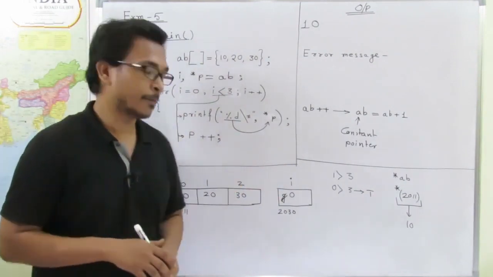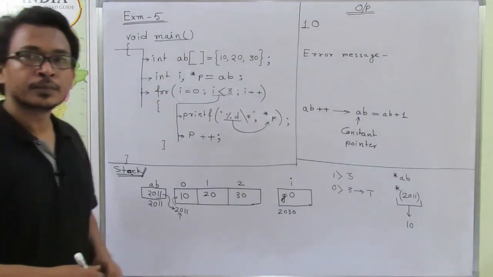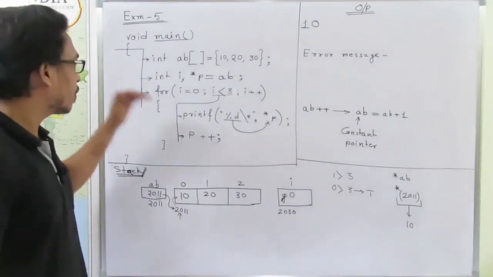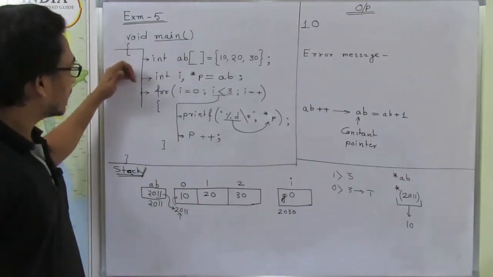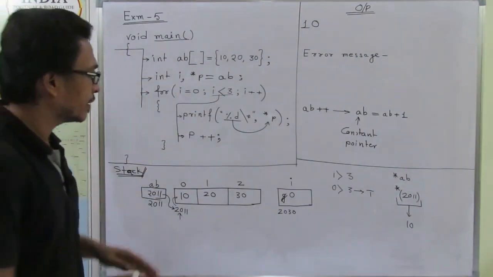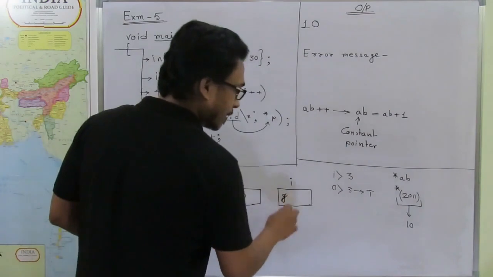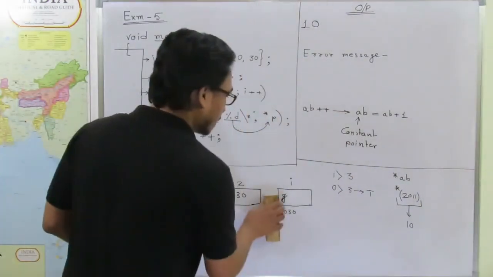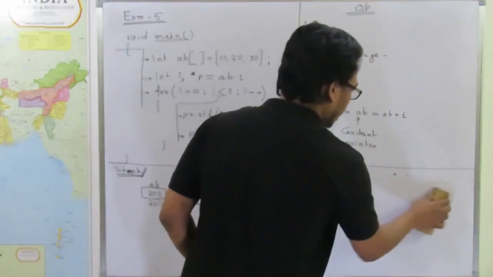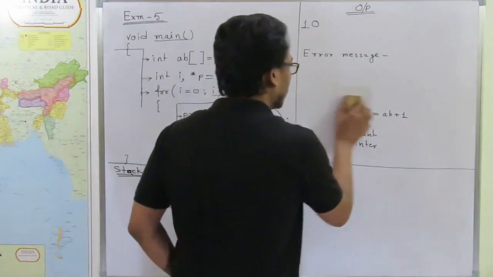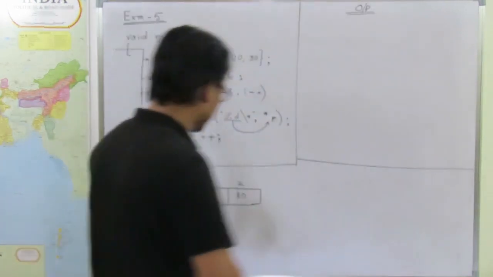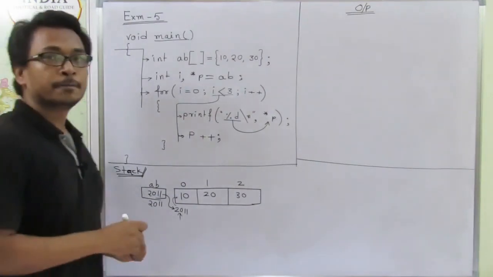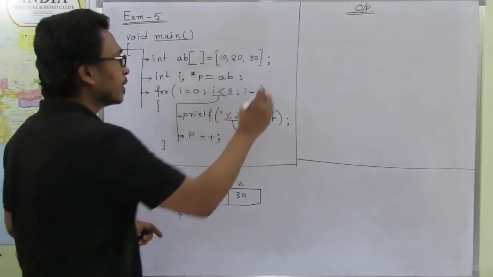Let's see that. Now in this form of code, up to this statement is the same. The next statement where we declare I, that I will be initialized with a garbage value, that is also the same.